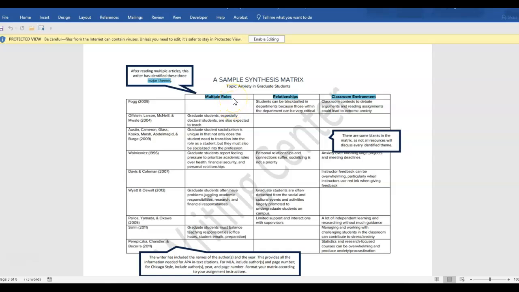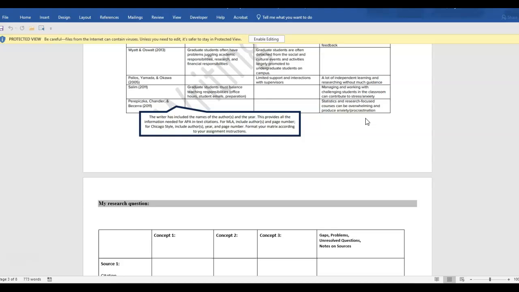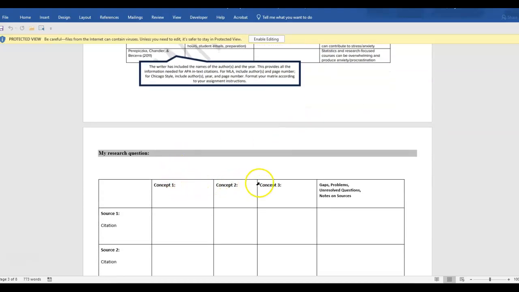The multiple roles that graduate students have to take on, like being a teacher, being a student, being a researcher. The relationships within the departments and the classroom environment, both in terms of being the teacher and being the student. So the concepts that you've identified after you've read your 5 or 6 articles are going to go across the top.